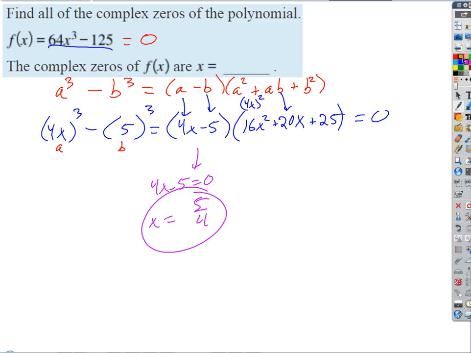So that's what I want you guys to work on right now, is let's set this other factor equal to 0. And here's something I kind of want you to see. You've been working on this stuff. When we're trying to find zeros, remember that as soon as we have this thing broken up enough that we can take care of the individual pieces, we can stop factoring, right?